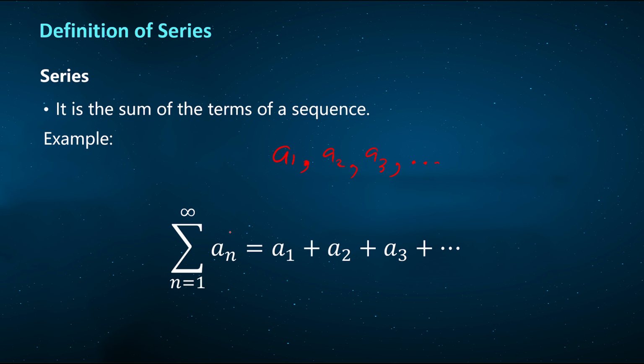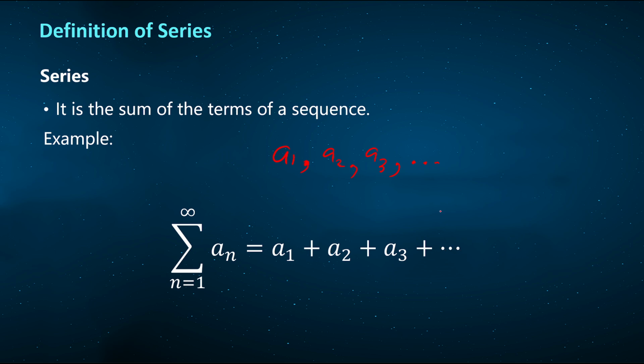So again, here in our example, we have the summation of a sub n from n equals 1 up to infinity. So that is equal to a sub 1 plus a sub 2 plus a sub 3 plus so on and so forth.